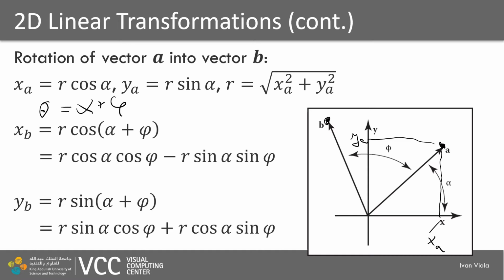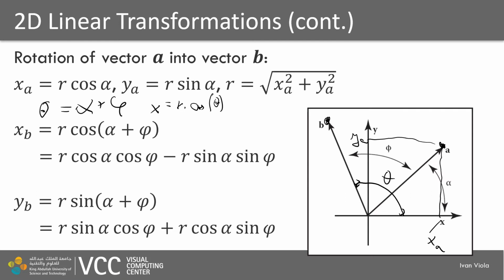And this angle theta will be here. So for xb we will have r times cosine theta. But now let's express it as the sum of alpha and phi, because this will show us how we can derive the coefficients for the rotational matrix.